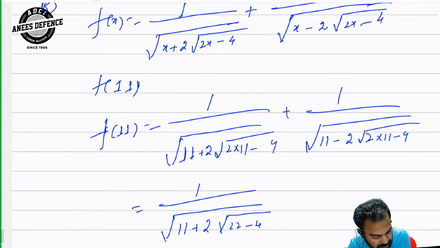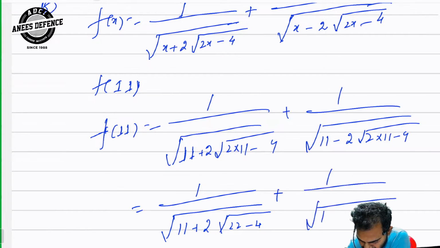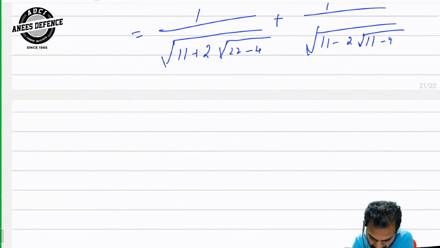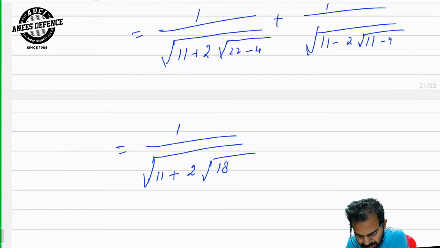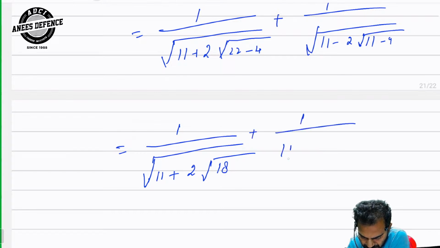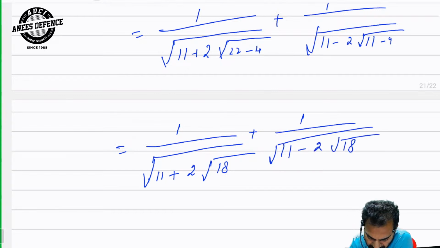Under root 11 minus 4, 2 under root 18, right?